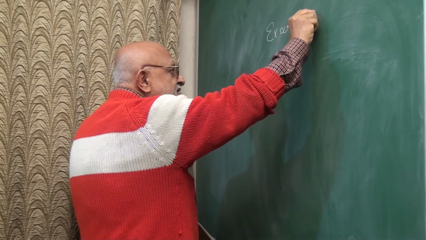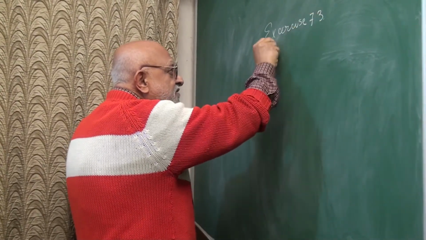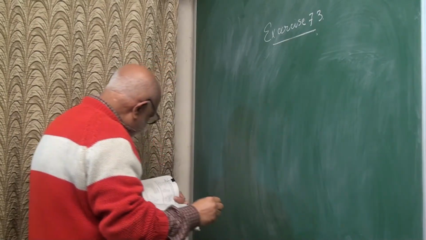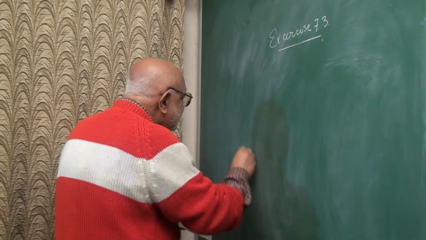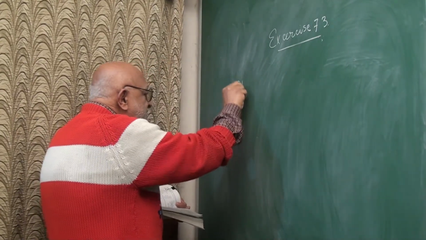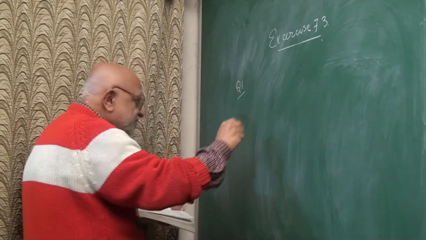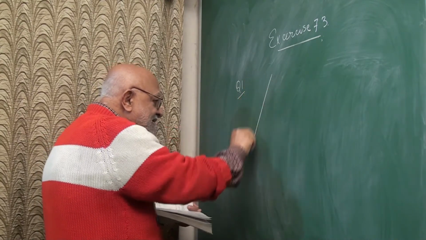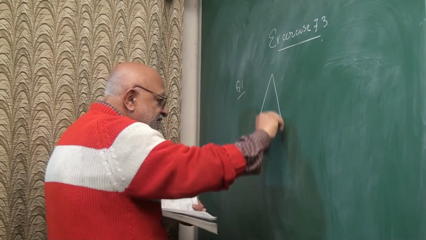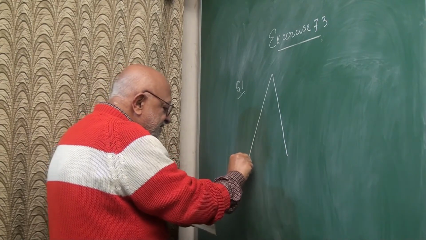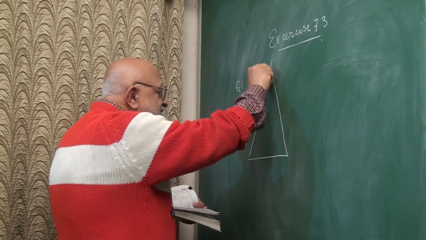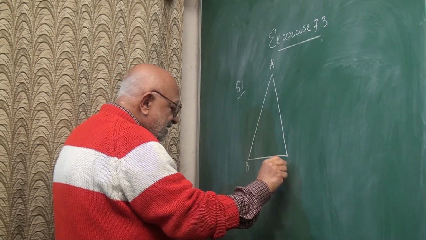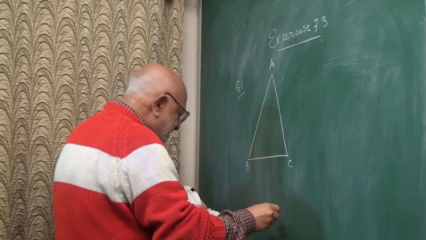Now we are starting with question number 1, and in question number 1 it says this is an isosceles triangle. ABC is an isosceles triangle, there is no D here.